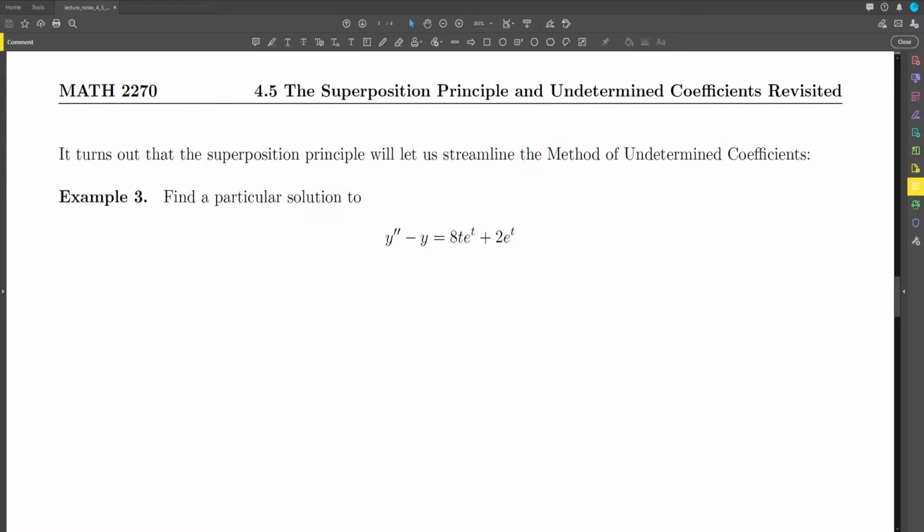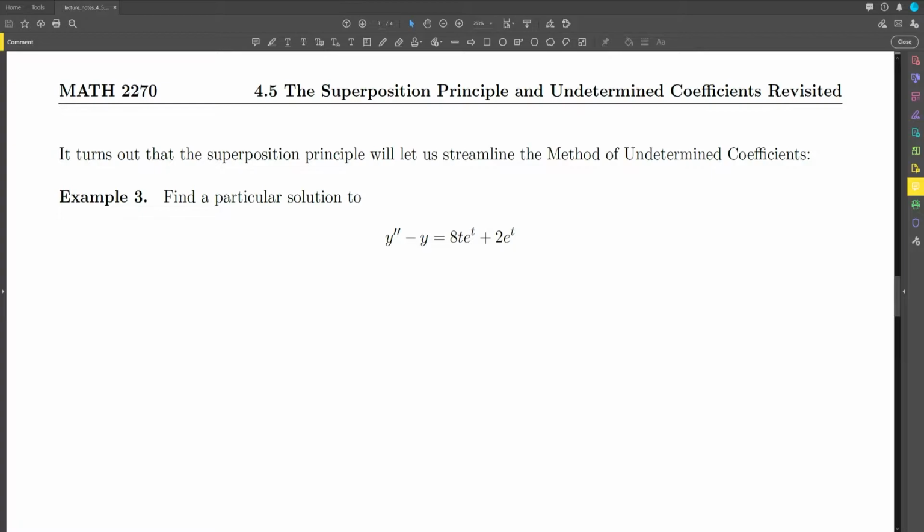Now, it turns out that the superposition principle will let us streamline the method of undetermined coefficients. I'll show this by an example. So find a particular solution to y double prime minus y equals 8t e to the power t plus 2e to the power t.